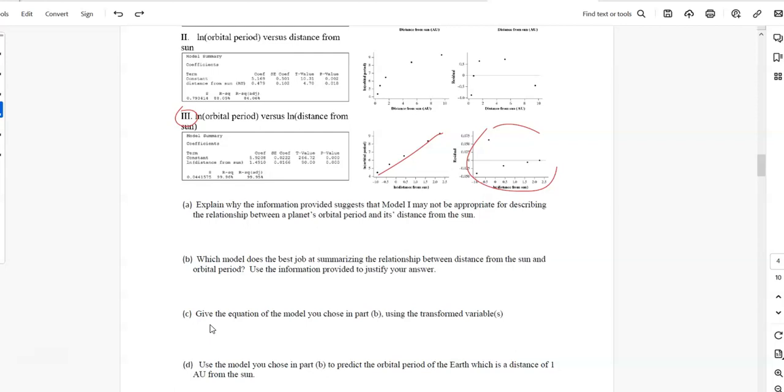Given the equation of the model you chose in part A, use the transformed variable. So give the equation.